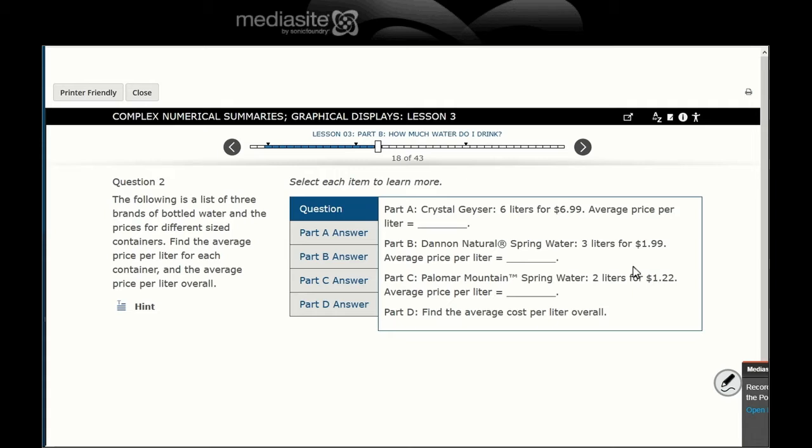Okay, the following is a list of 3 brands of bottled water and the prices for different size containers. Find the average price per liter. Okay, so 6 liters costs $6.99. So 1 liter should be $6.99 over 6 liters.